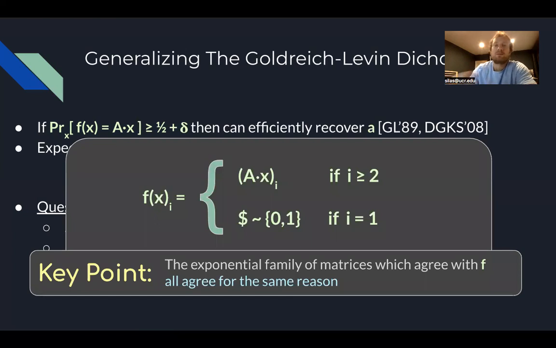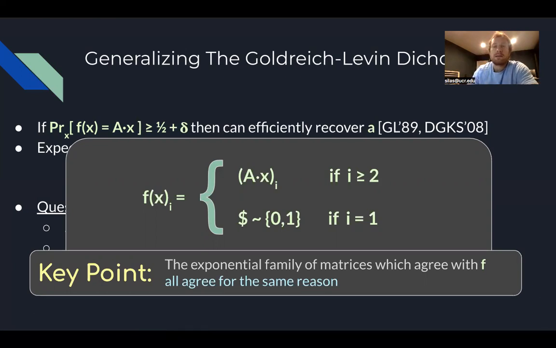But the key point is that if we look at this counterexample, the exponential family of matrices which agree with this function all agree with it for the same exact reason. Namely, it's because of the second through nth rows. And this function has no information about the first row of the matrix. So sure, you get an exponential size family, namely any first row, and then anything that agrees with A in the second through nth rows.